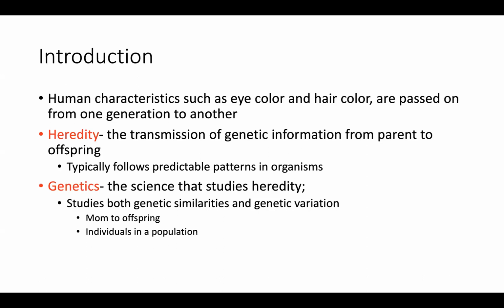Heredity is a major part of living things. At the beginning of the semester, we identified some characteristics of living things, and one of them was heredity, the fact that you inherited genetic information from two individuals, your mom and dad. So you are a hybrid of the two individuals, right? And so you may have heard individuals say to you, oh, you look like your mom or you look like your dad, because you're going to share features because you come from the same lineage from a genetic standpoint.